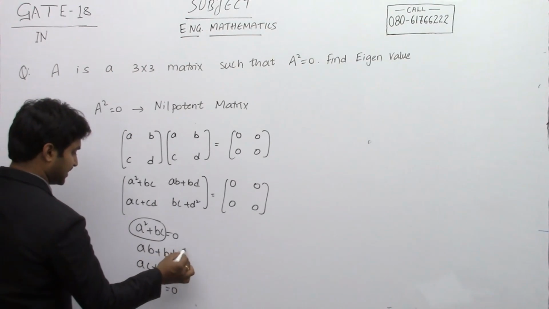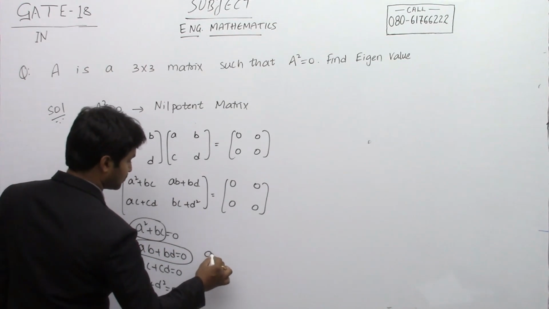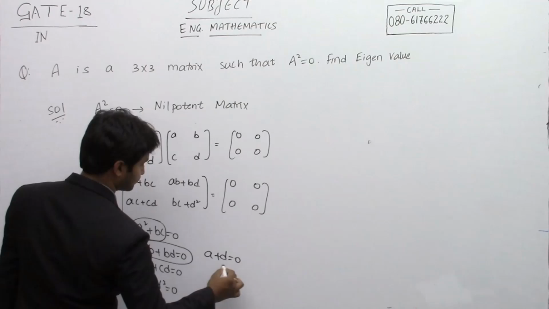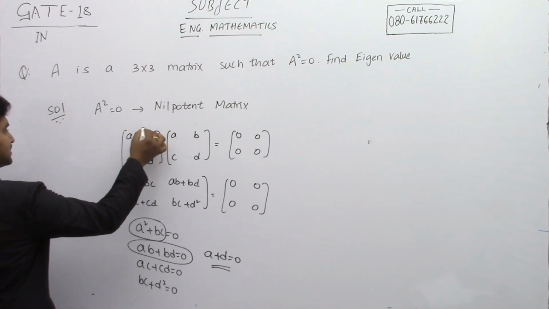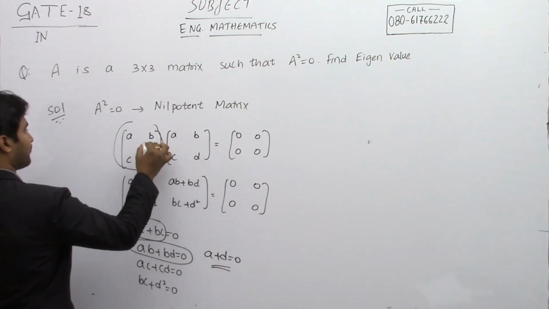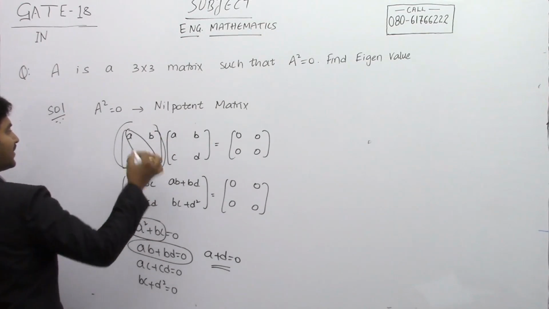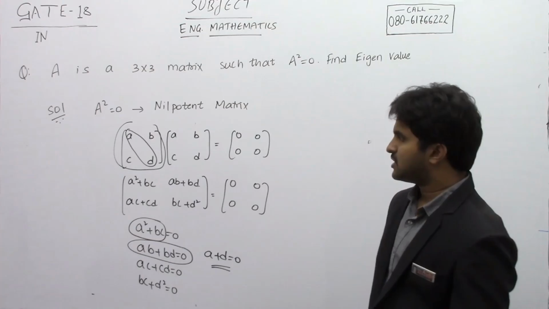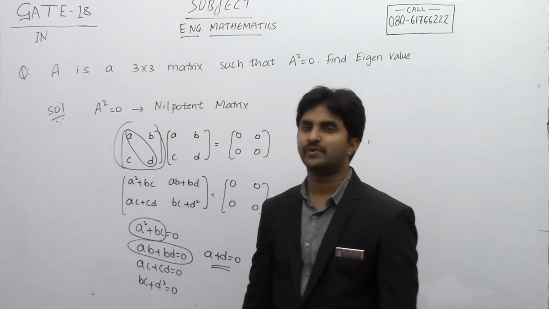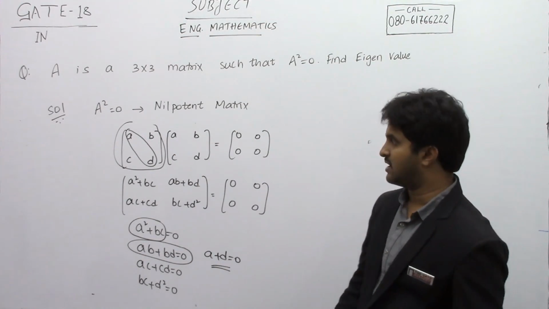And the next one is that you'll get the value of a plus d is equal to 0. Now if you observe the matrix [[a, b],[c, d]], a plus d is the sum of the principal diagonal elements, which is the trace of the matrix.